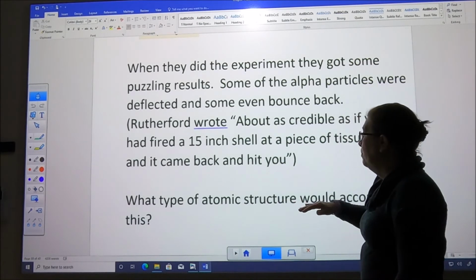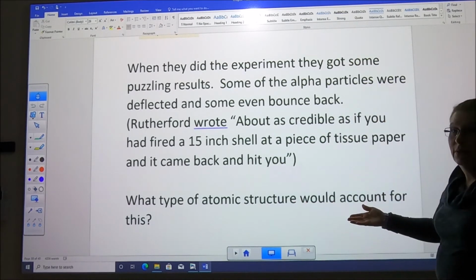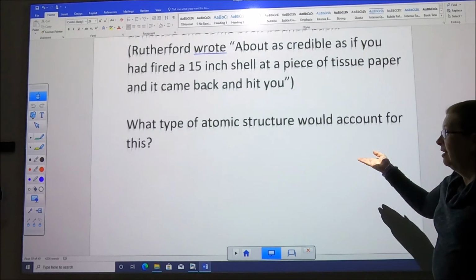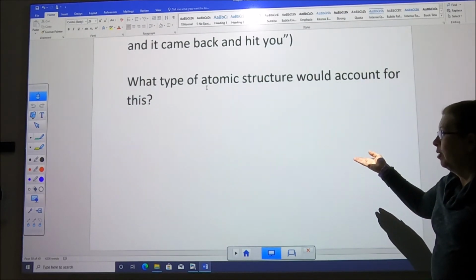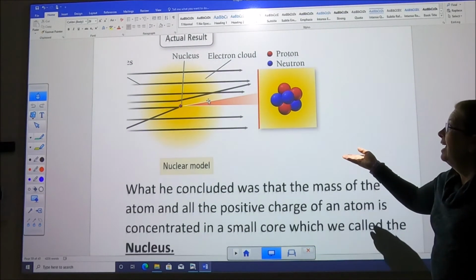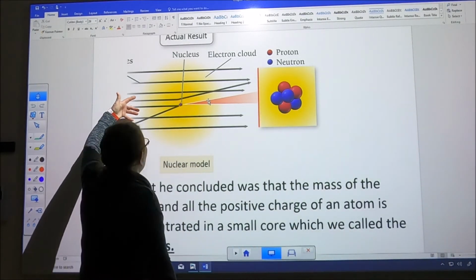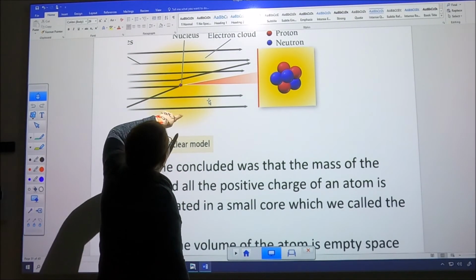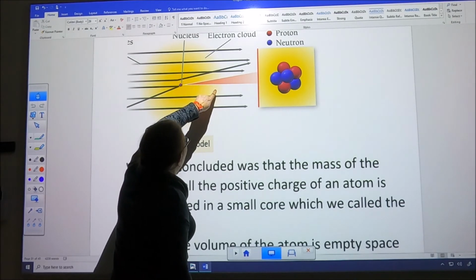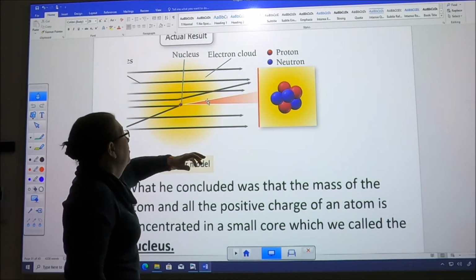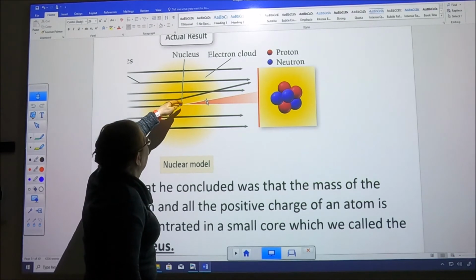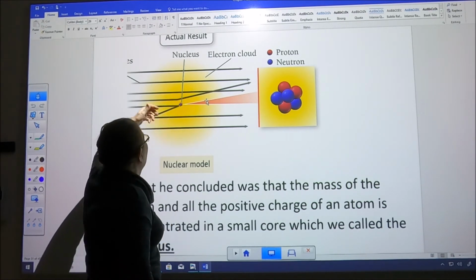He knew that the plum pudding model had to be wrong. And let's look at how he explained this experimental result. Okay, here's what happened. The alpha particles were coming through. Now this blurred out yellow to the edge, that's the atom, okay? That is a nucleus.